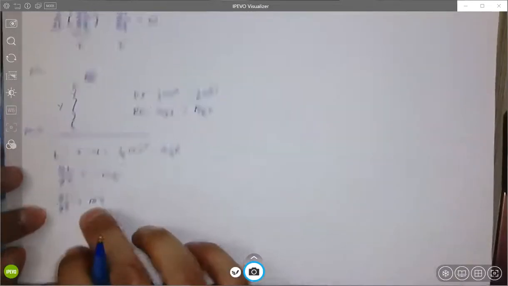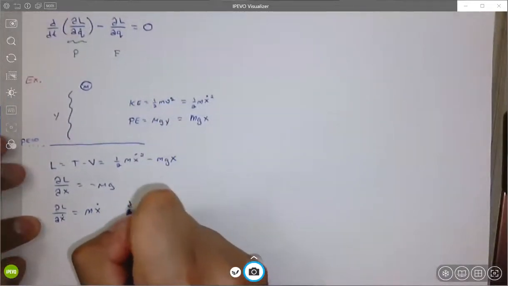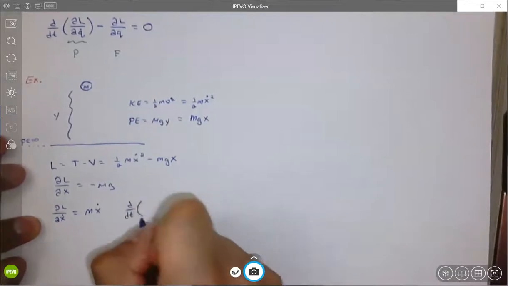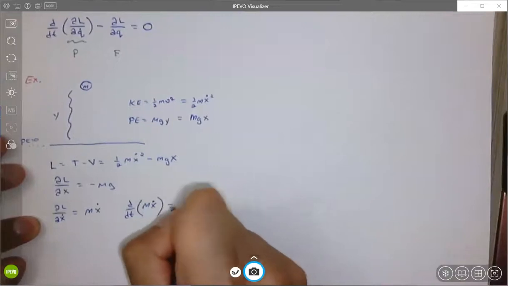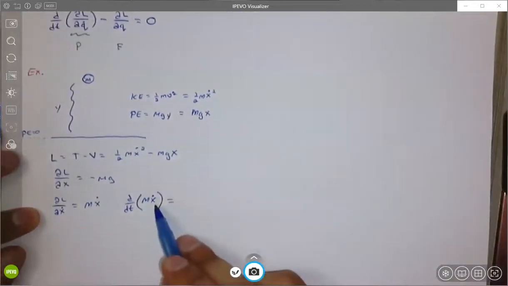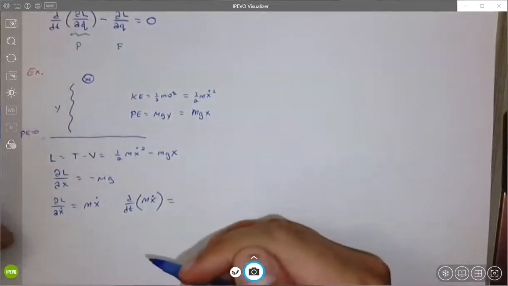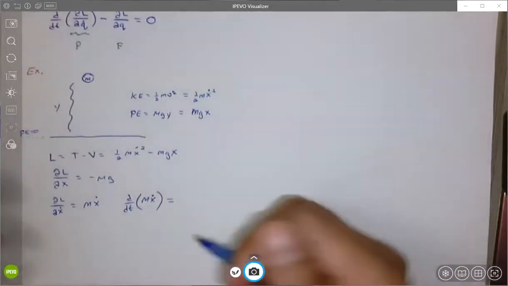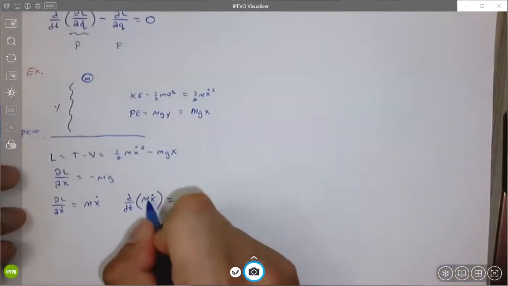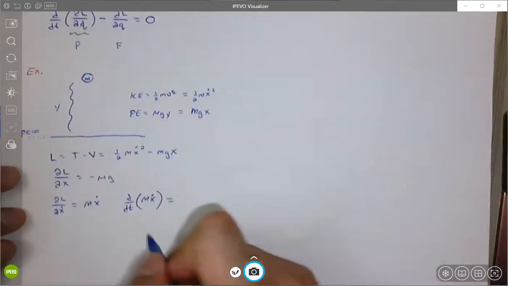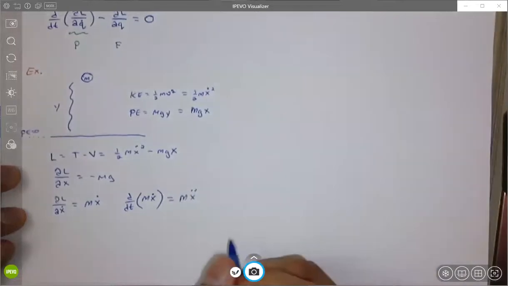So are we done? No, we have to take the time derivative of this. The time derivative, d/dt of mx dot, is going to equal, well, x dot represents the velocity, and if you take the time derivative of velocity, you get acceleration, which is x double dot. So this just becomes mx double dot there.